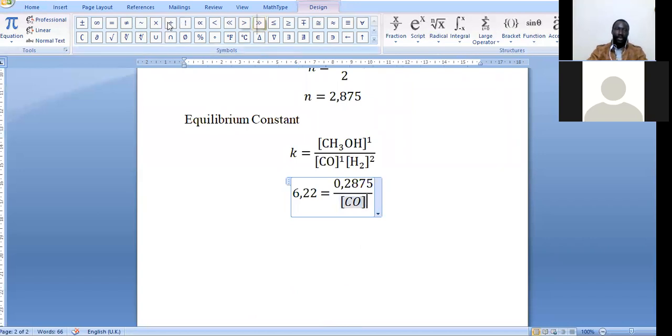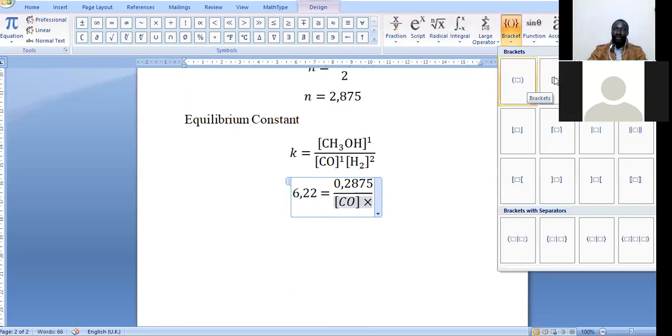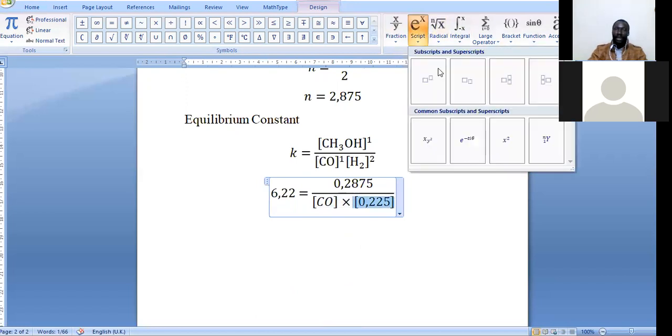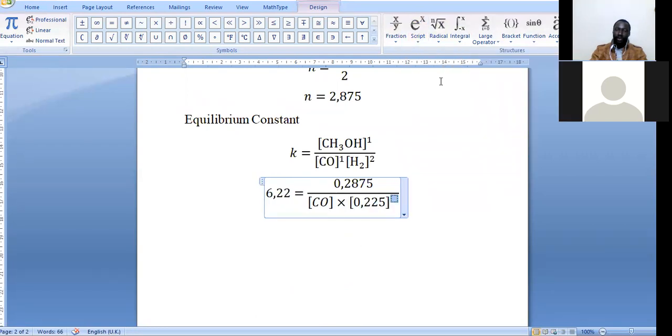That is times 0.225, and notice that we have to put it in a bracket. But remember, we are squaring it. So we raise it to what? We raise it to 2. Like that. So from here, we can find the concentration of what? We can find the concentration of carbon monoxide.